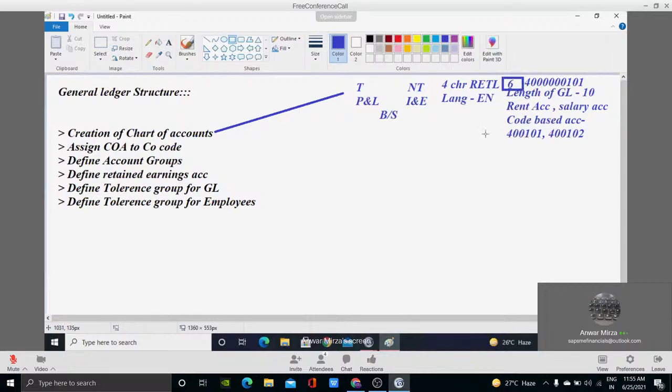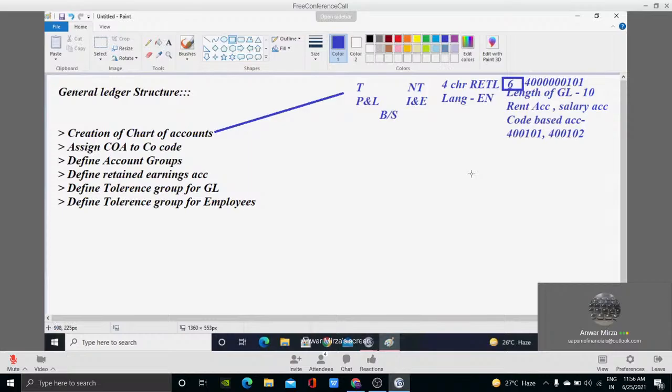Now I took 6 characters, and this is the most commonly used length in implementations across the world. But some foreign countries, especially the US, UK, Brazil, Sweden, Italy, the clients who are coming forward may select 10 characters. No matter that they only use the last 3 or 4 digits, they always go for 10 characters.